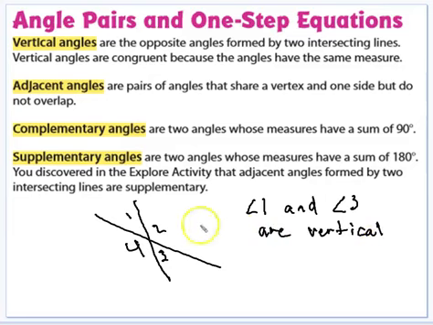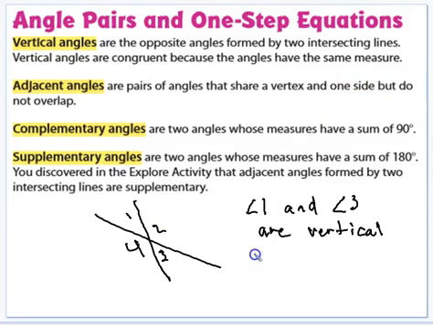Adjacent angles are pairs of angles that share a vertex and one side, but do not overlap.